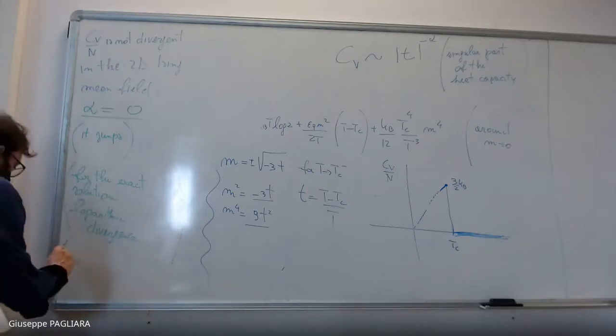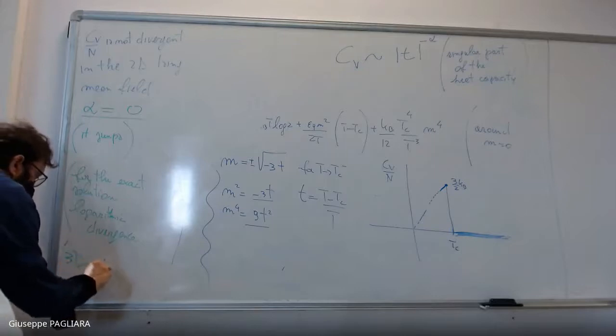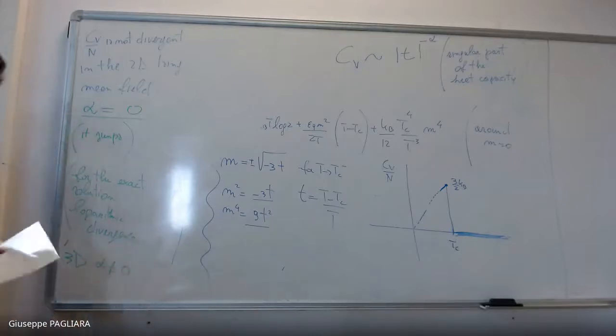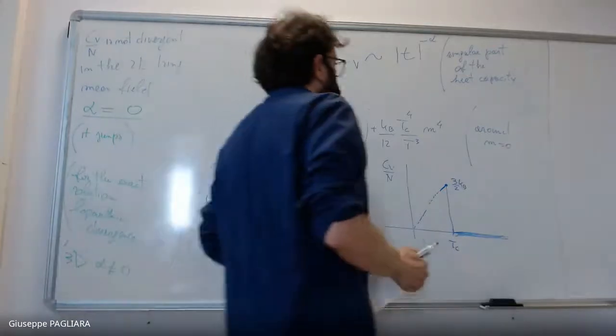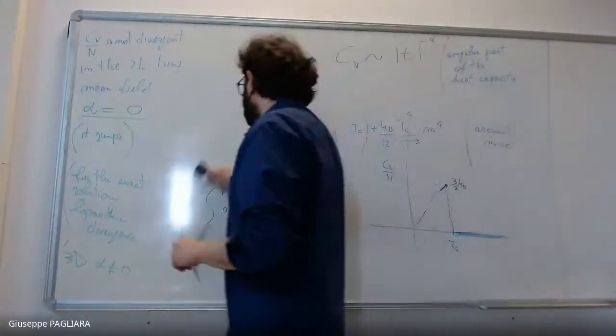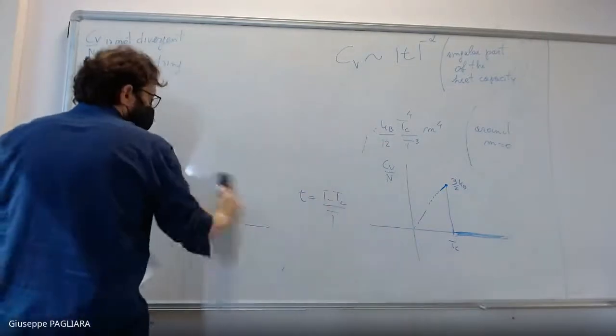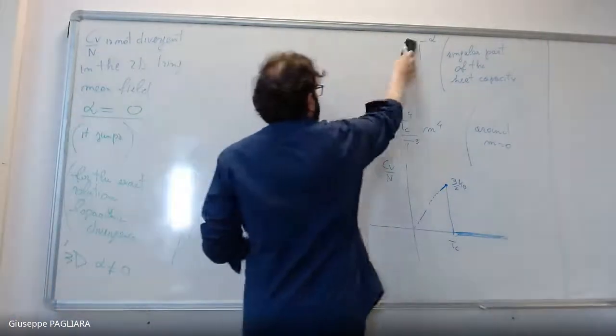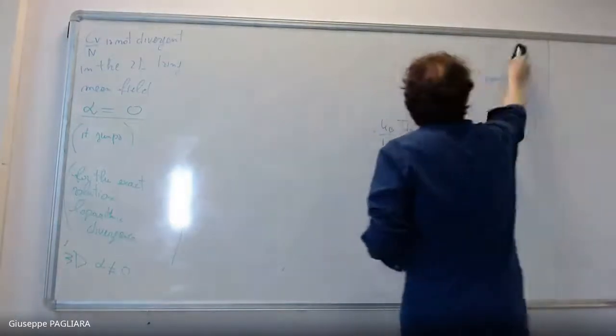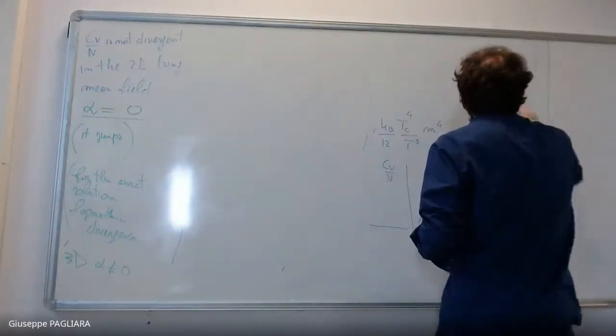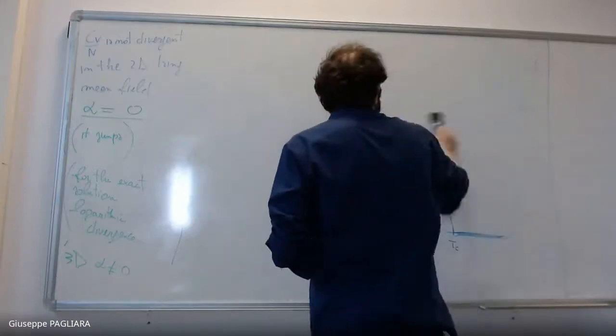And also for 3D, actually alpha is different from 0. I don't have the value here, but again, we have a divergence that we do not see in mean field. We know that mean field is an approximation, and we can get some qualitatively correct results, but cannot ask too much of this approximation. So this alpha characterizes the singular behavior of the heat capacity around Tc.